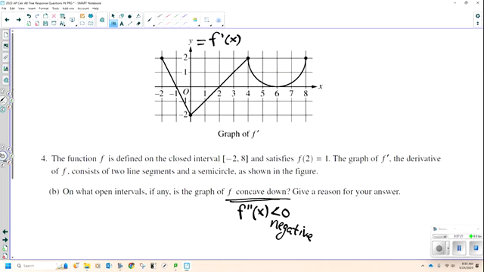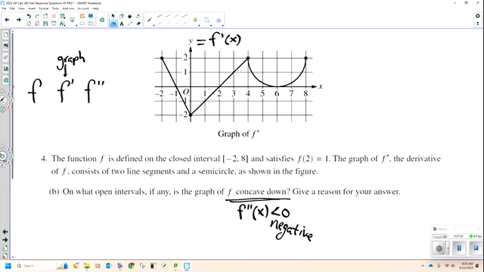We have the graph of the first derivative. One of the basic ideas behind calculus AB is you have an original function, you have a derivative, you have a second derivative. Our graph right now is the graph of the first derivative.